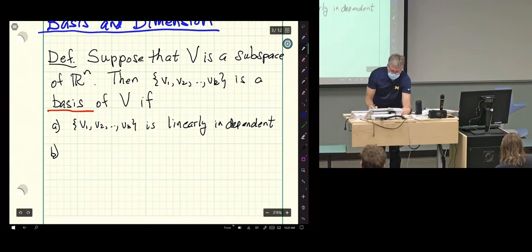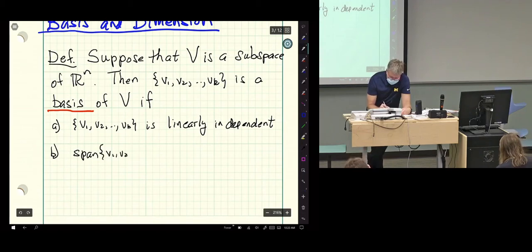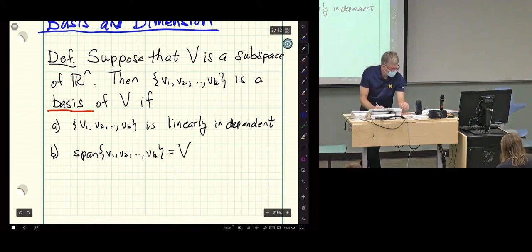And there have to be enough vectors that we generate everything in V by taking linear combinations. So the span of V1, V2, Vk equals all of V.